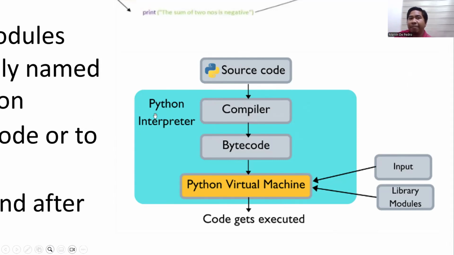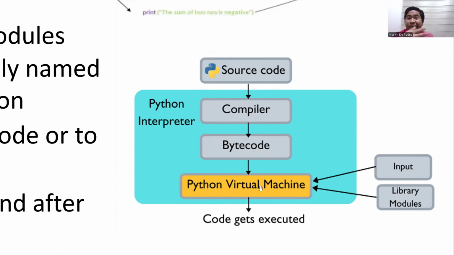The IDE should have a Python interpreter which has a Python virtual machine. For example, in Visual Studio Code, you have to install your Python virtual machine for that. But the good thing is you can make use of tools like Google Colab, wherein you don't need to do that anymore. You can simply write your code and then execute.